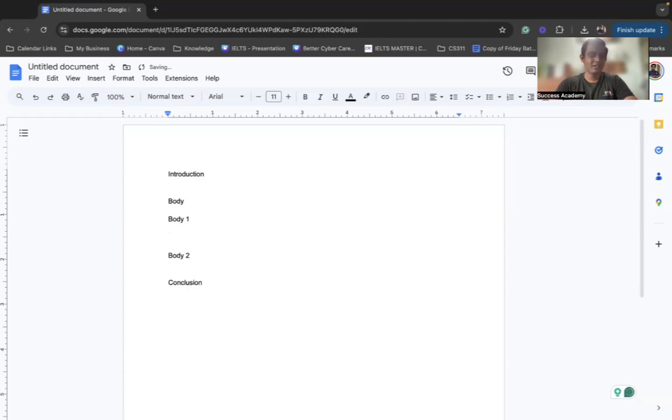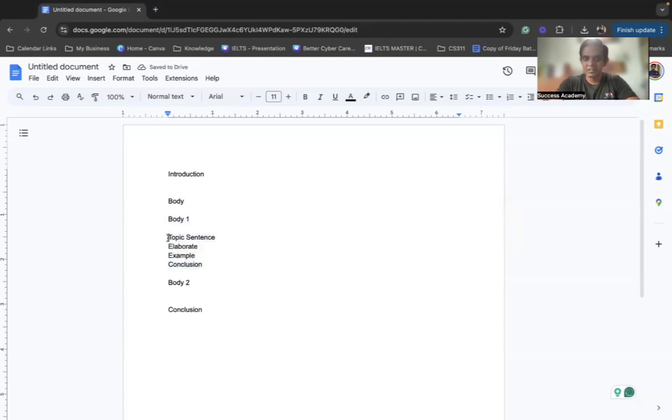Now, if you have learned essay writing structure, you would know that in a body paragraph, there are 4 sections. In a body paragraph, you have the topic sentence, you elaborate that topic sentence, you give an example, and you have a conclusion to this body paragraph.